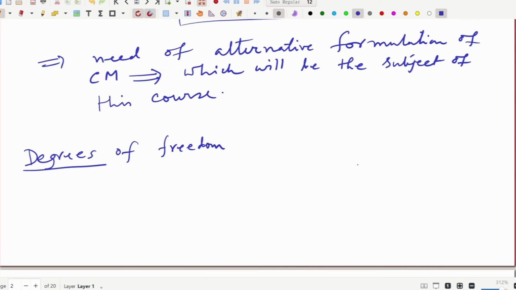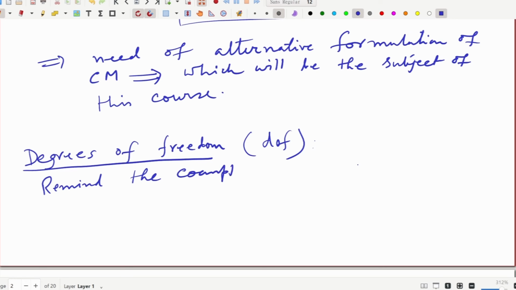For this course I will always denote degrees of freedom as DOF henceforth. So please pay attention to this, and also I want to remind you of the concept of point particle.